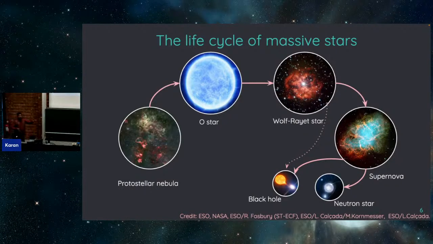Let me take you through how they evolve, how they live and how they die. Imagine a cloud of gas and dust that is extremely vast, a protostellar nebula. Inside this nebula, you can have hundreds, thousands or millions of gravitational instabilities that can occur at any point in time, which can cause material to collapse towards a certain point.